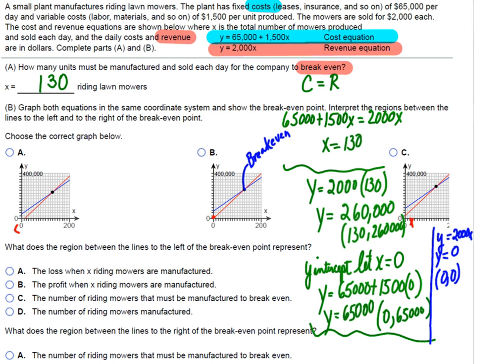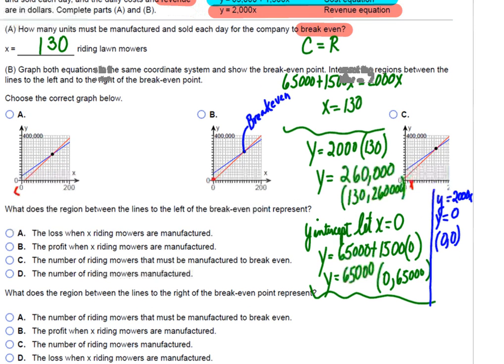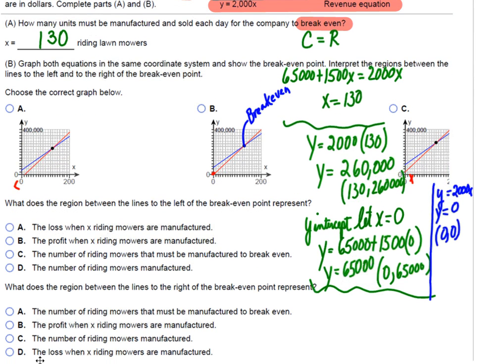So the question says, what does the region below the line to the left of the break-even point represent? Well, it represents a loss when x riding mowers are manufactured.